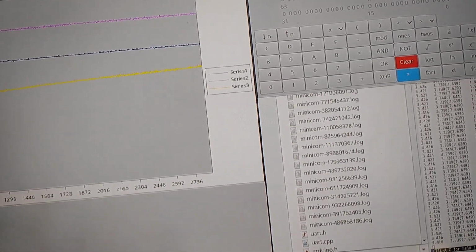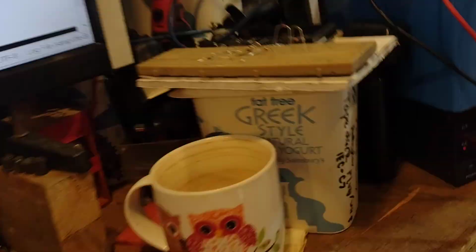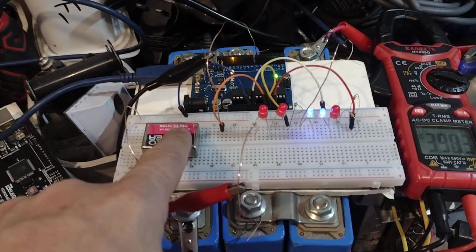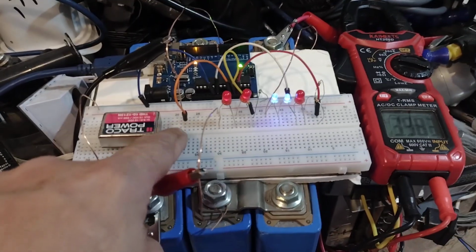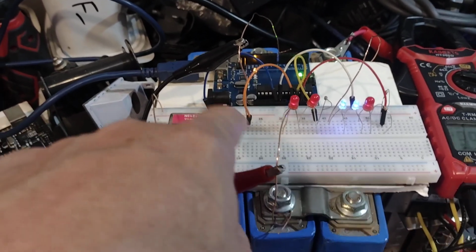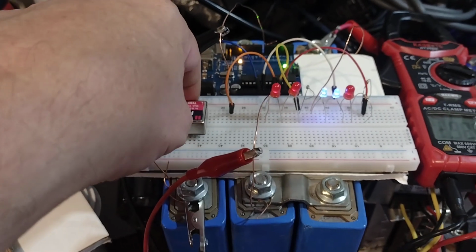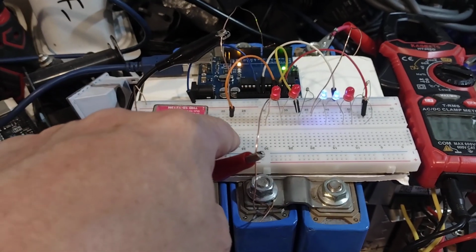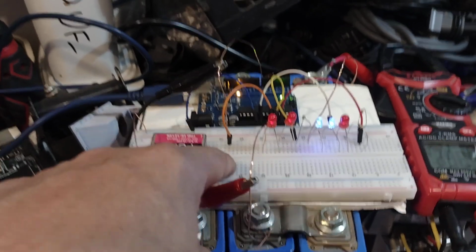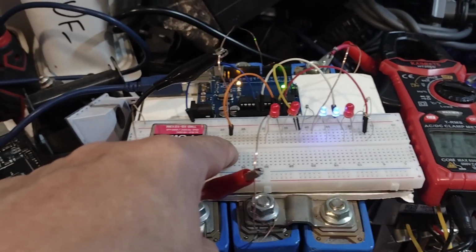Now, my other problem is how to actually implement that. Yes, we can use one of these, and yes, we can then put a buck converter on it, which I believe I have, and if not, I can get one. On the other side of this, to drop the output voltage here, which is 15 volts, down to 4 volts, or 4.2, whatever the maximum voltage of the cell is.